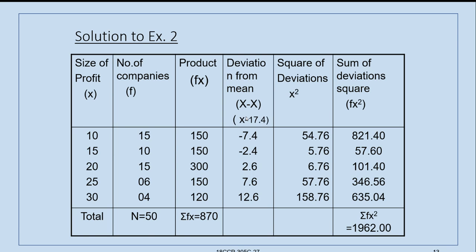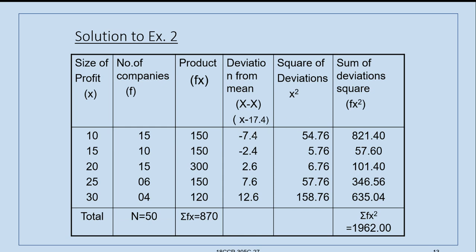We are calculating the deviations x minus x bar, and we are taking x square, that is deviation square, and then we are calculating f into x square, frequency into deviation squares, that is second column into fifth column.